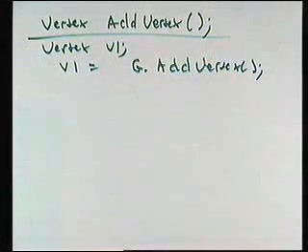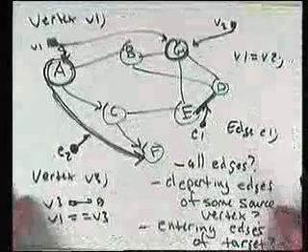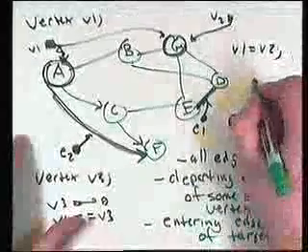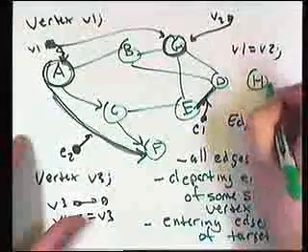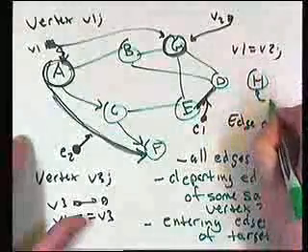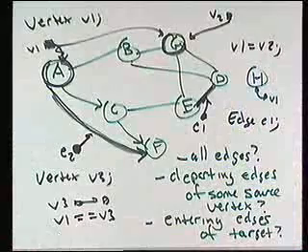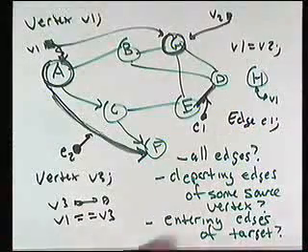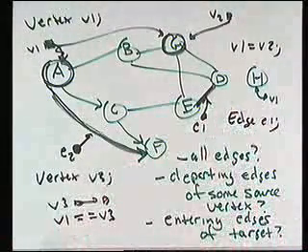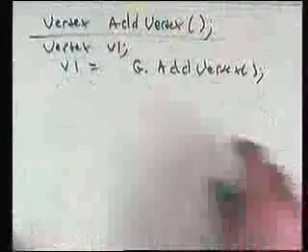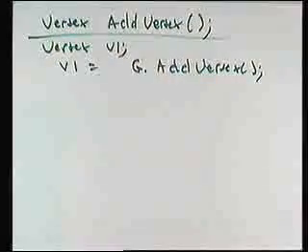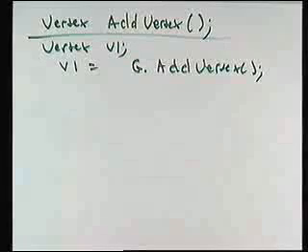Given an existing graph, we would go ahead and create a new vertex h, and then point v1 to that. So we declare v1, and when we add h, we return a marker to the new vertex, and then v1 can point to the same place as that new marker.